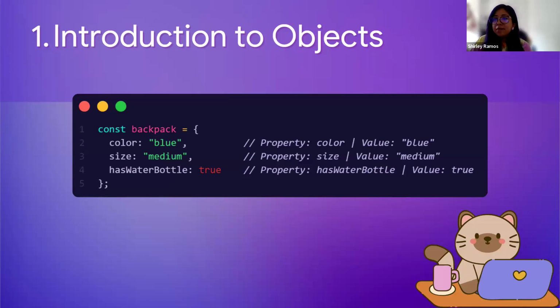It's the same for the size. Size would be the property of the backpack, and medium would be another value. I think this is easier for us to understand what an object is. And in line 4, hasWaterBottle, for example, the property will be hasWaterBottle, and the value will be true.